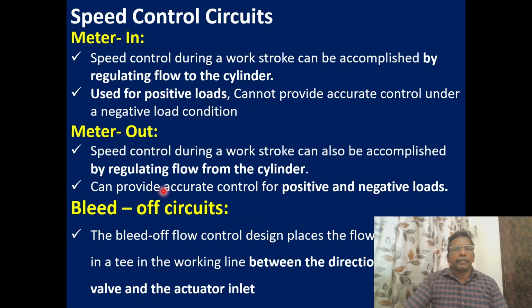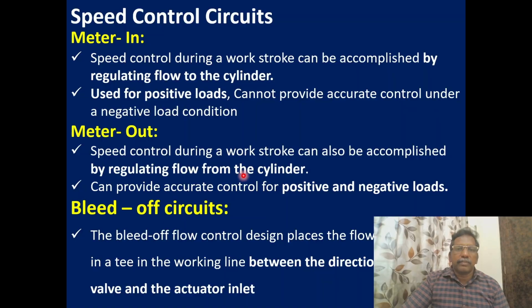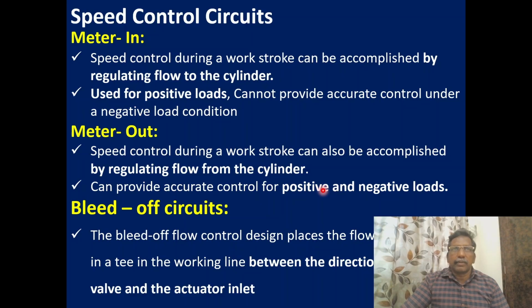In meter-out, speed control during a work stroke can also be accomplished by regulating flow from the cylinder. So here also in meter-out, we are going to give the throttling valve to control the speed, or control the amount of flow at the rod end, and we accomplish this by regulating the flow from the cylinder.